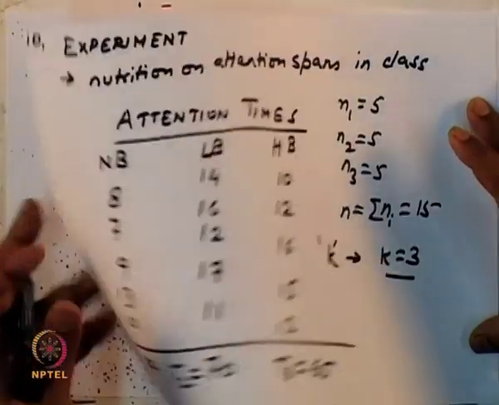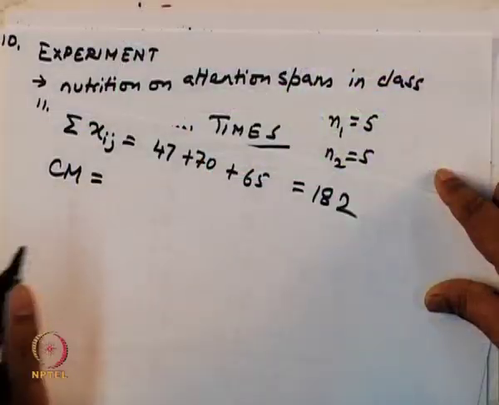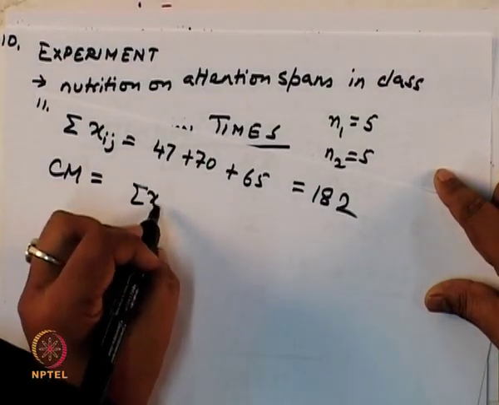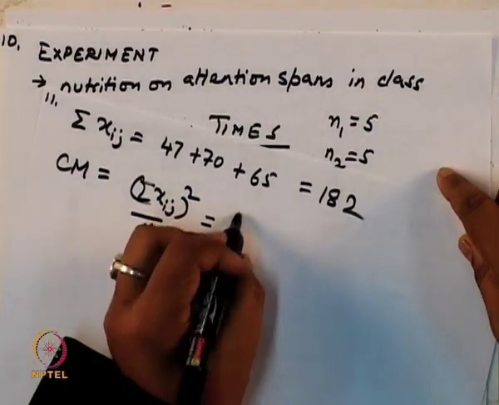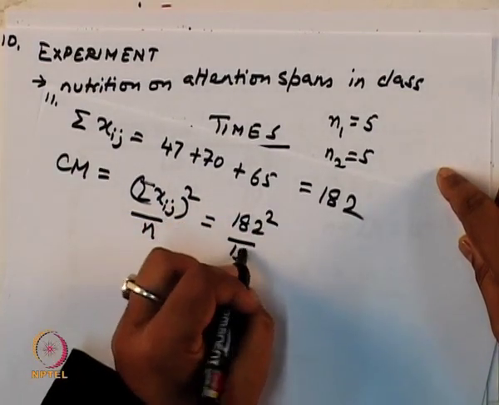Summation Xij is you add up all these values, which should come out to be 47 plus 70 plus 65 equal to 182. So, your Cm, the correction for the mean, is summation Xij whole square by n, which should come out to be 182 square by 15.